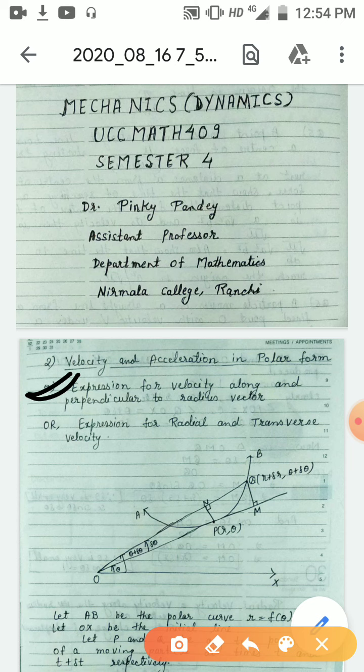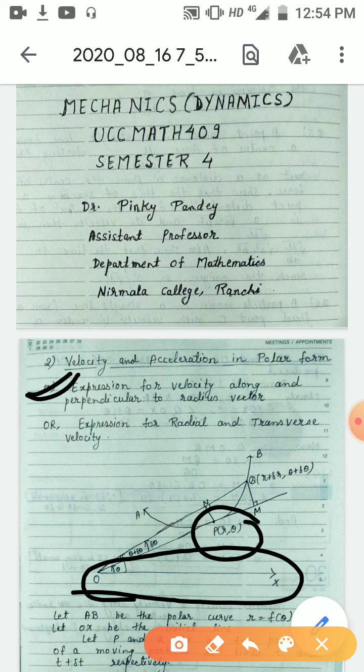form. So in polar form, you know that we have to take only one initial line, and the coordinate of P is taken as r theta. In polar coordinates we take r and theta, where OP is equal to r and the angle POX is equal to theta.